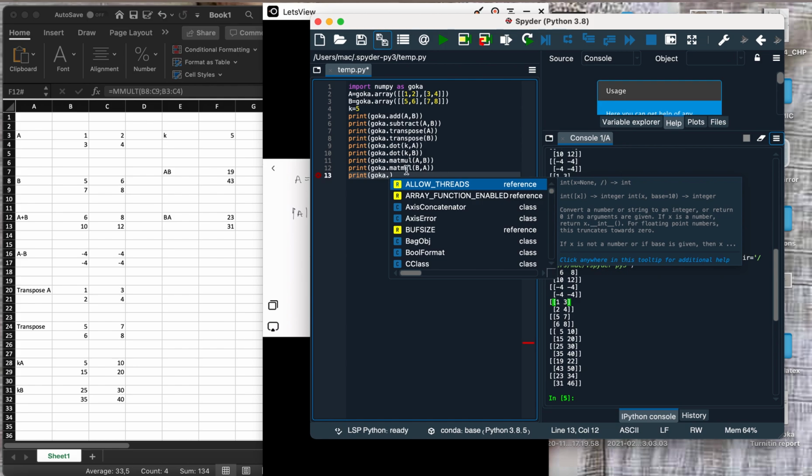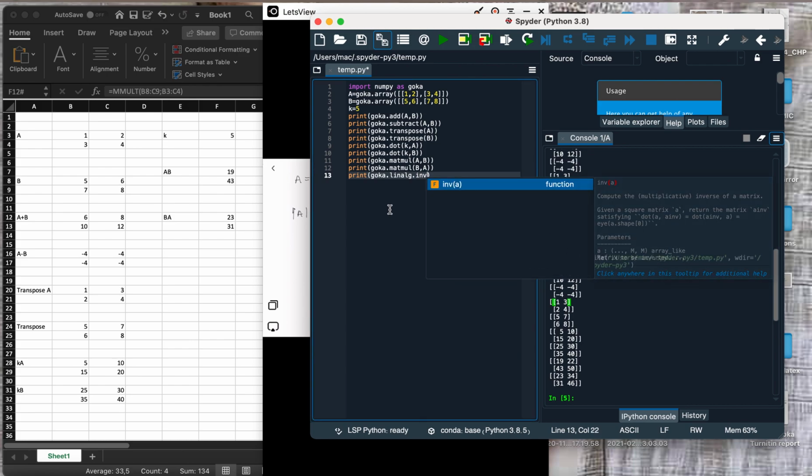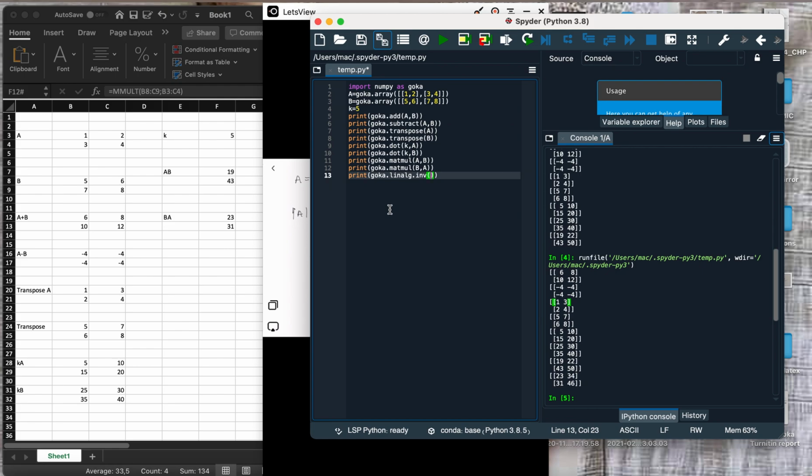All right, so np dot linalg. So linalg is linear algebra dot inv, and inv is inverse, right? So inverse of what matrix? Matrix A. All right, so if you're looking for the inverse of B, then we put B here.